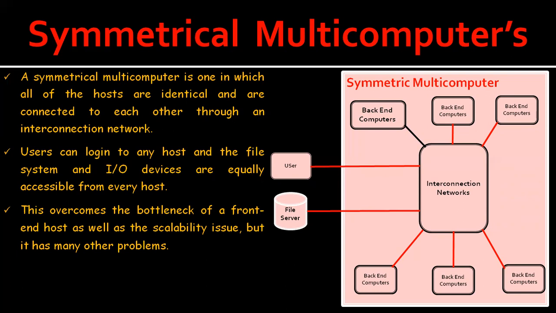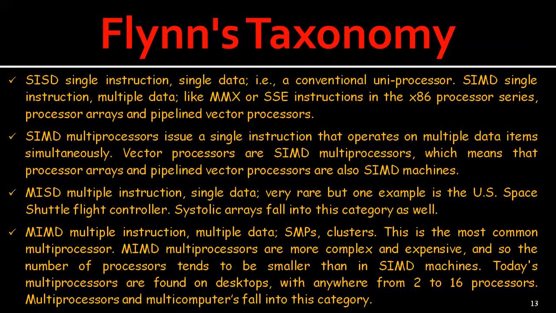Now coming to Flynn's taxonomy. In 1966, Michael Flynn proposed a categorization of parallel hardware based on a classification schema with two orthogonal parameters: the instruction stream and the data stream.